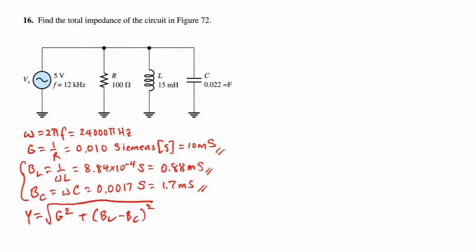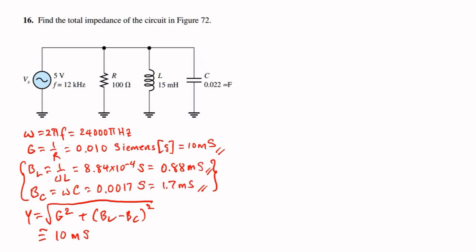Okay, plugging in the values, we get approximately 10 millisiemens. This is understandable because these two values here are less than or approximately 10% of the conductance. And if you take the difference between them, that's even smaller than 10%, which means that the conductance has the greatest contribution among the three.